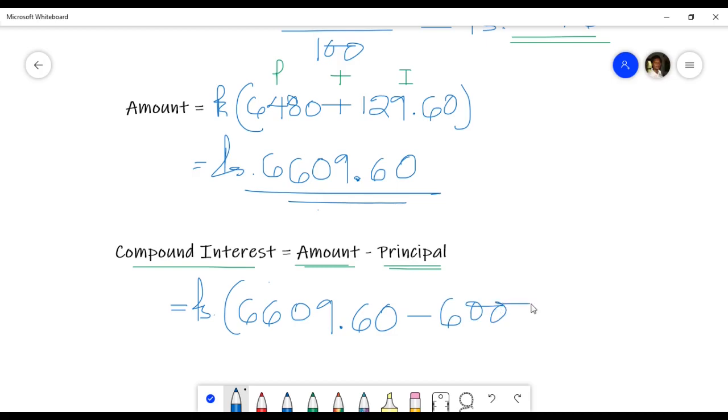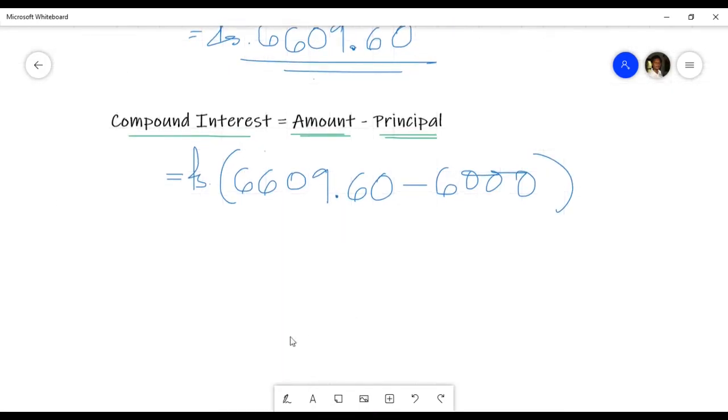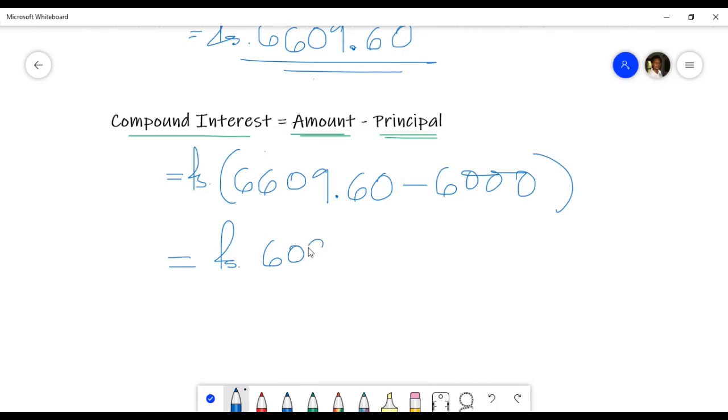So the actual principal that we had in the question was rupees 6,000. So this is the compound interest for 1 year 3 months as given in the question.